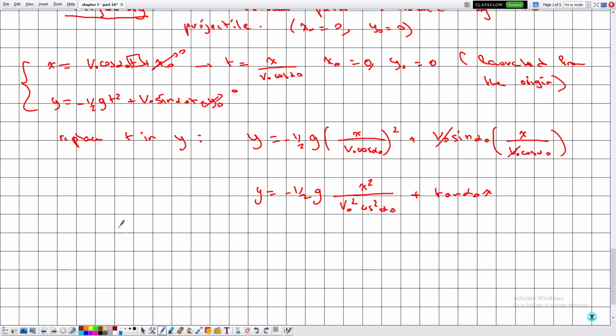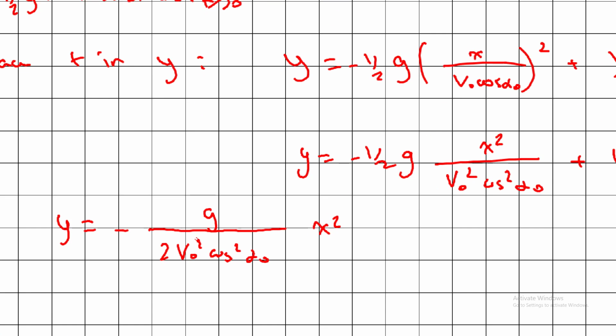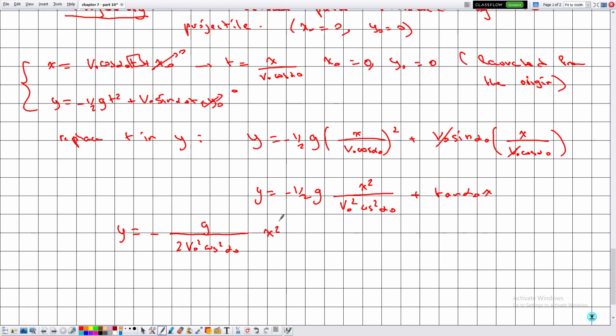So now y is equal to minus g over 2 v0 square cosine square alpha 0 multiplied by x square. So all of this is a constant we can determine, plus tangent alpha 0 multiplied by x. Okay, now if y0 is different than 0, here we will have another term which is y0.